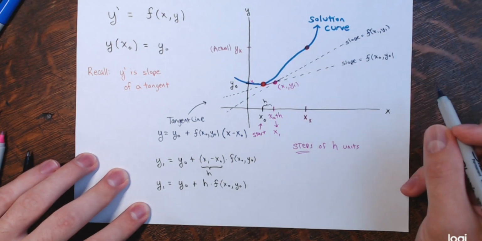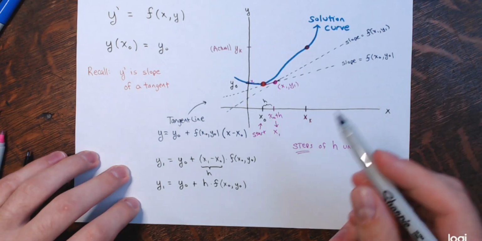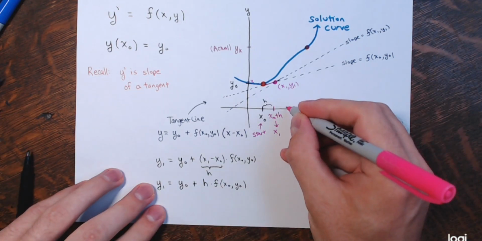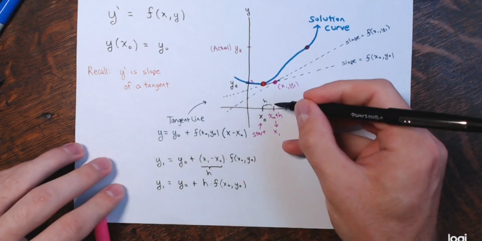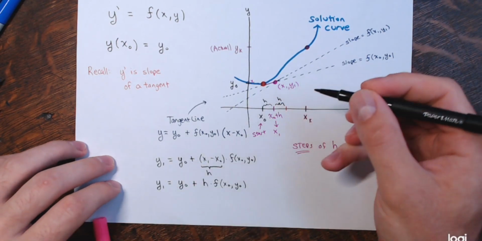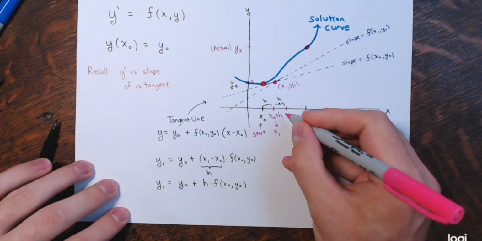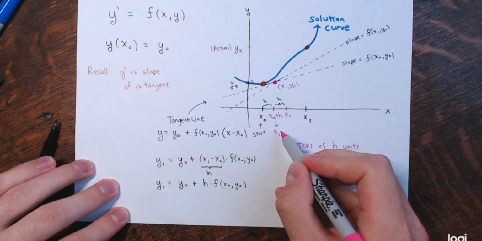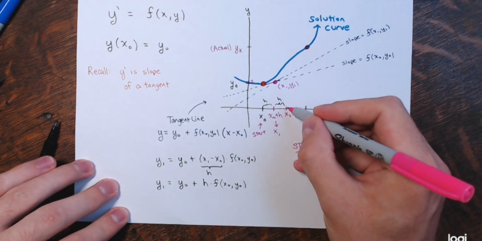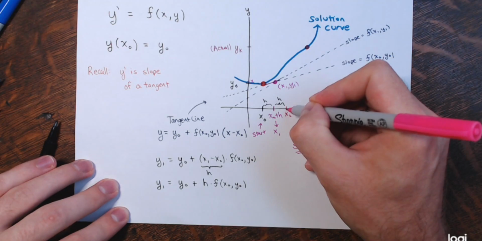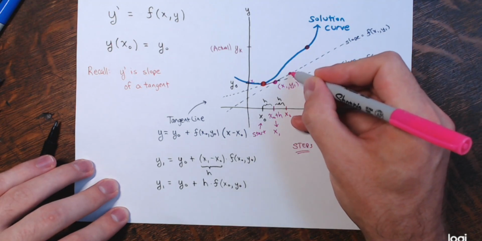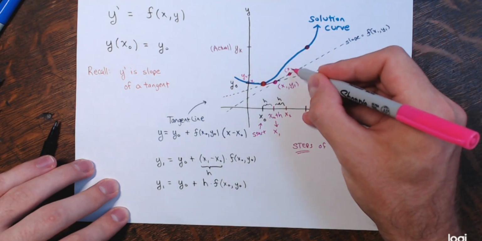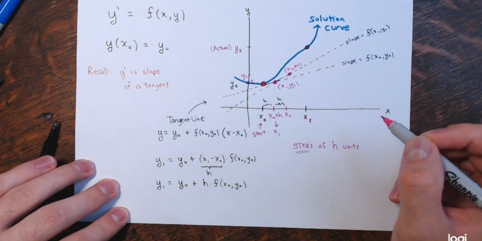Then I take another step of h units, and that takes me to what I'll call x2, which is just x0 plus 2h, or x1 plus h. Then x2 is the input, I go to the line, whatever that output is, that's y2. And here's the point x2, y2. Sorry about the clutteredness of this.